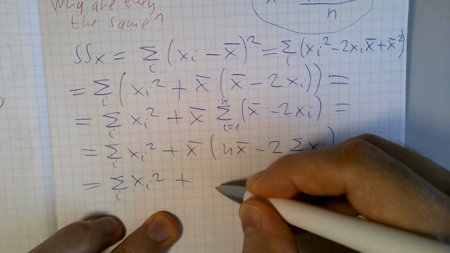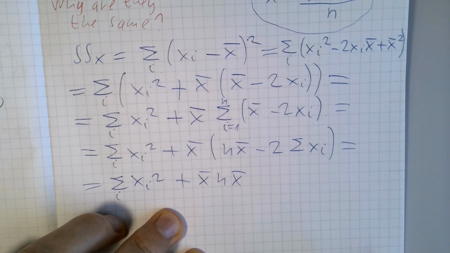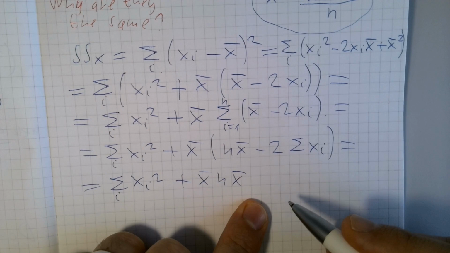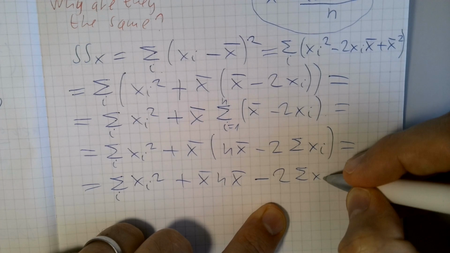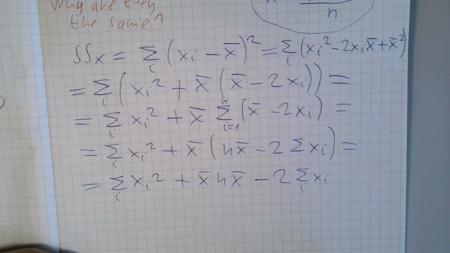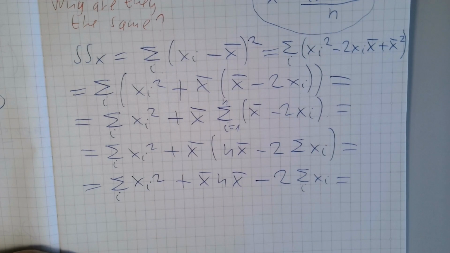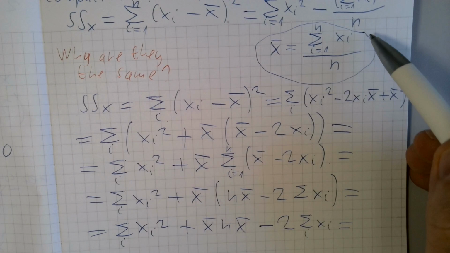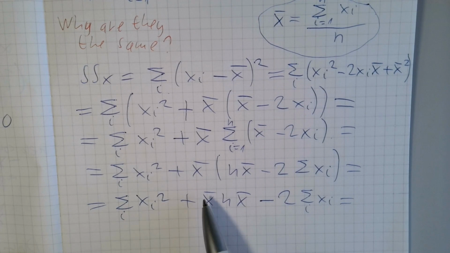Okay, so that is the same as, well, I have to write this one down. Plus that one, and minus 2 times the sum of those. Now what we need to do is to actually bring back the definition of the mean. Up to this point, we just had x bar, the mean is just calculated.